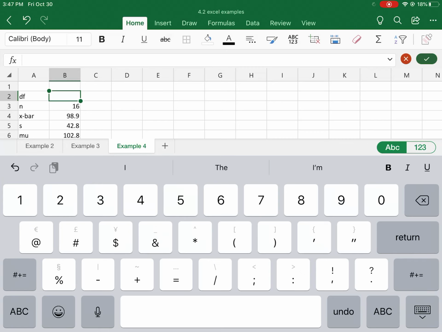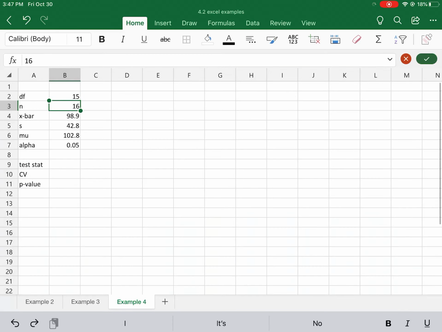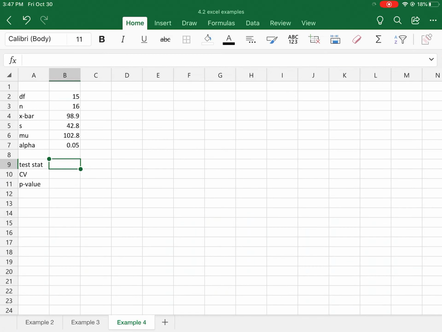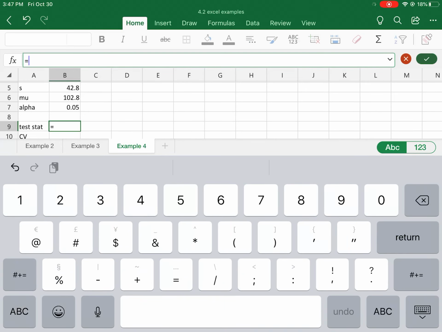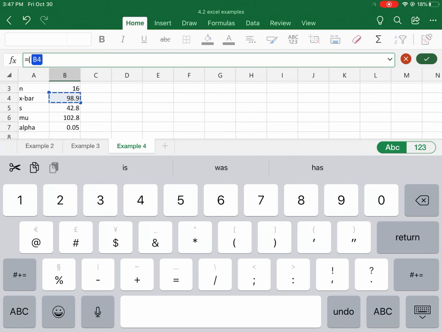Okay, so let's go ahead and go to Excel. And I'm going to go ahead and do this. Okay, so we're going to go ahead and do our t-statistic. So equals, again, careful with those parentheses.